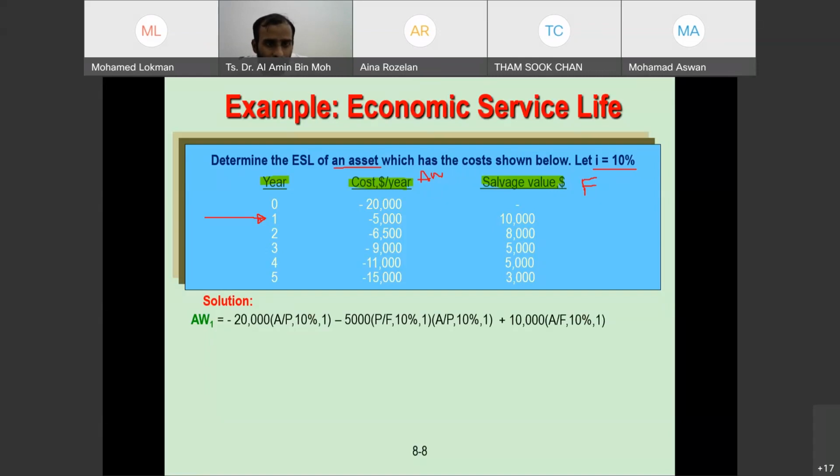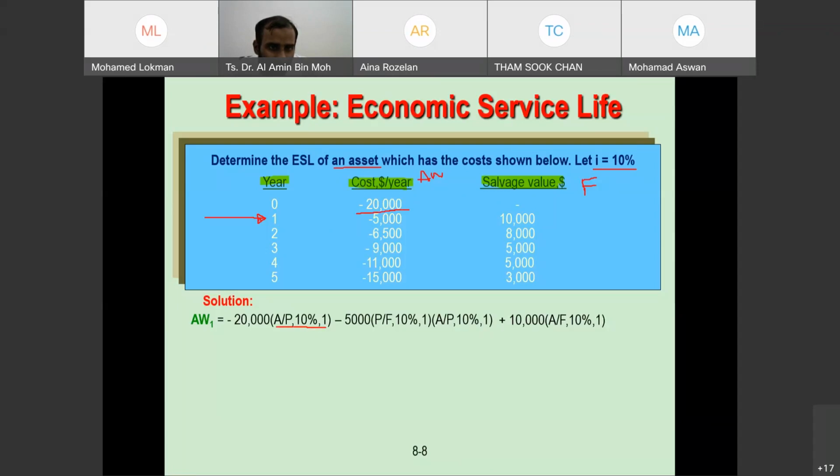Did you understand this? How we get this AW1? Hello? Okay, someone say understand. So why this 20,000, okay, need to do some conversion here.